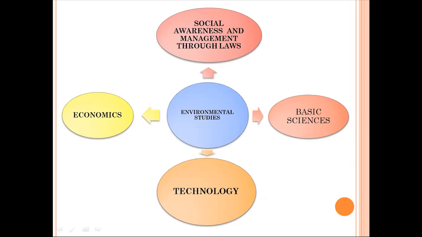Then the social awareness and management about the environment is done through laws. So several laws have been formulated to create awareness in people about the environment, and also for the effective management of the environment.